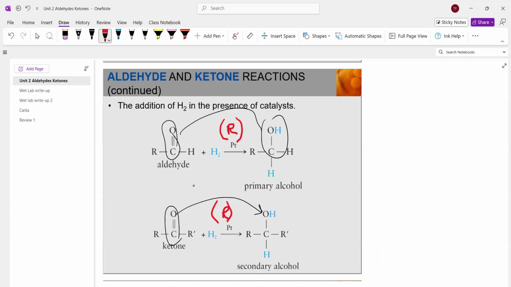Ketones can also be reduced. They can't be oxidized, but they can be reduced in the same environment as the aldehydes, and it goes to a secondary alcohol. Now these reactions go this way. So these are both two-way reactions.